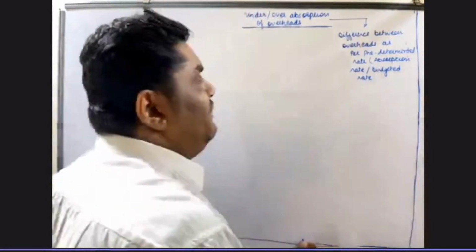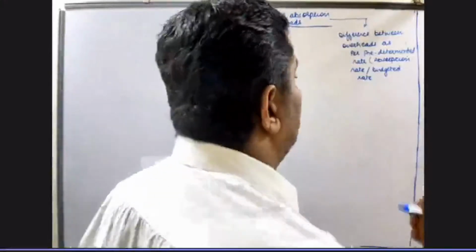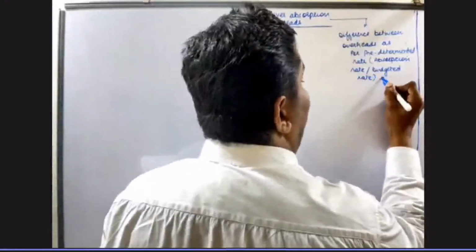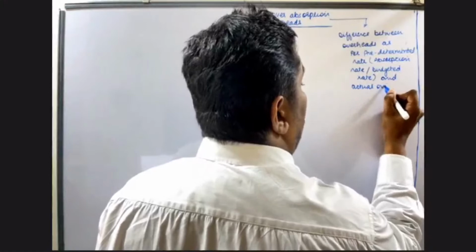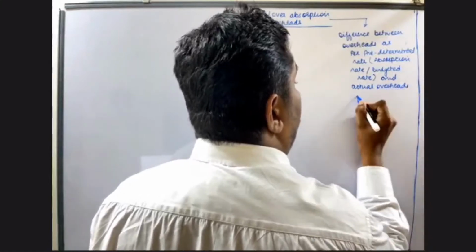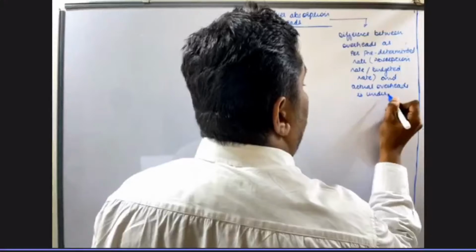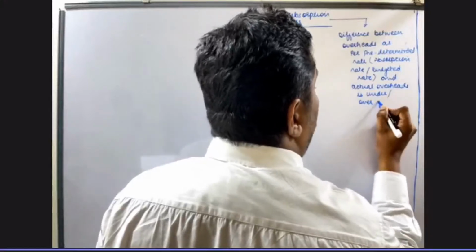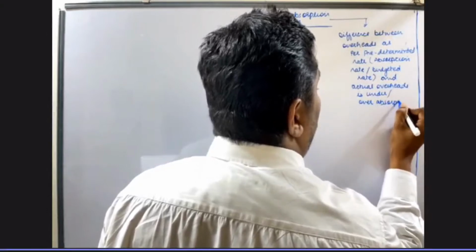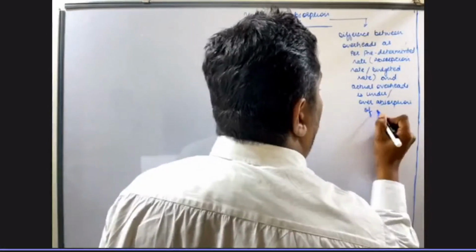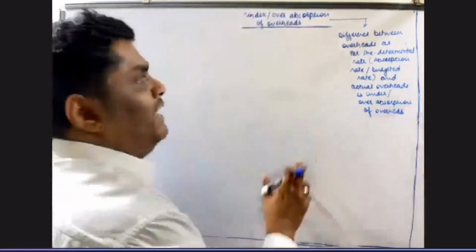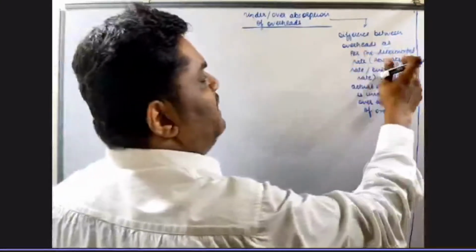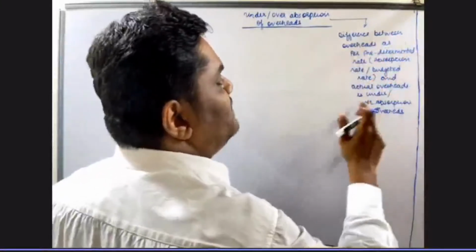So the difference between overheads as per predetermined rate and actual overheads is under or over absorption of overheads. The difference between the overheads as per predetermined rate and actual overhead is under or over absorption of overhead.